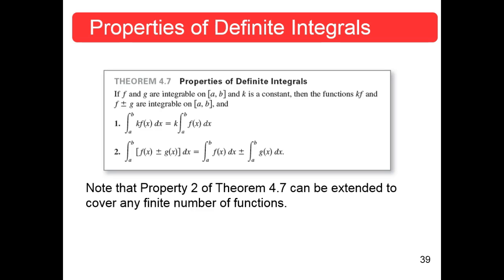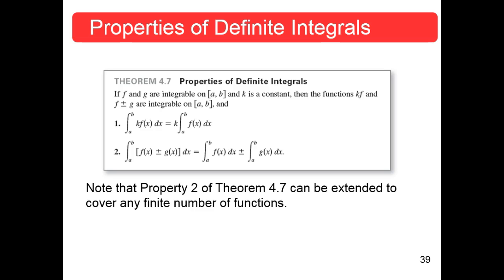Now, more properties of definite integrals. If f and g are integrable on a to b, and k is a constant. Now remember what it takes for them to be integrable? If they're both continuous there, we know they're integrable. They have to be defined at all values.